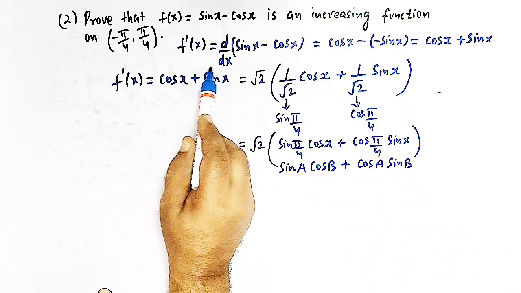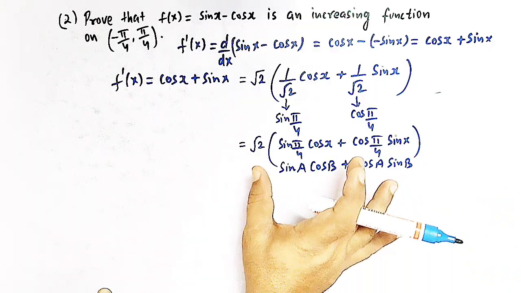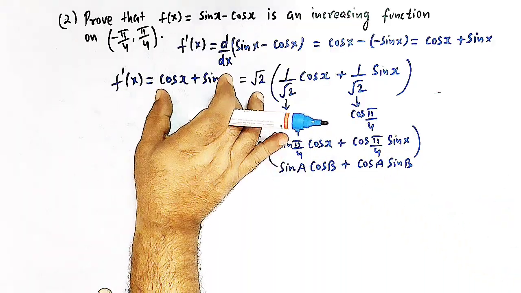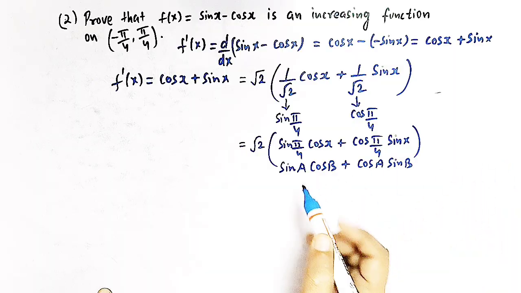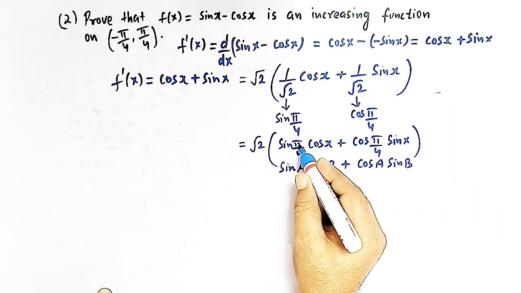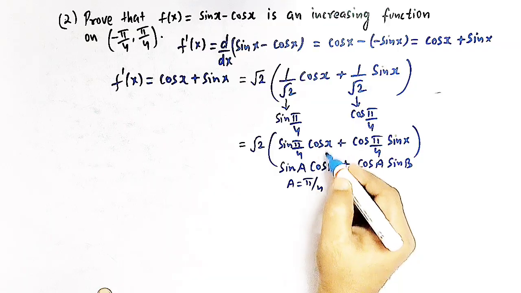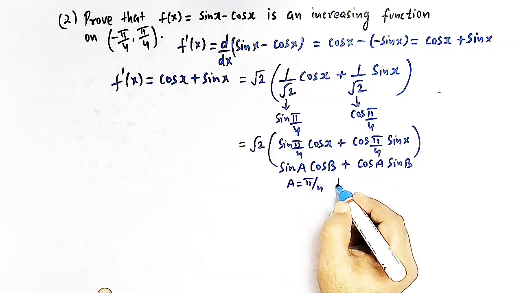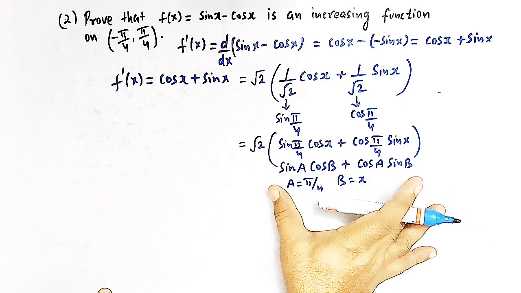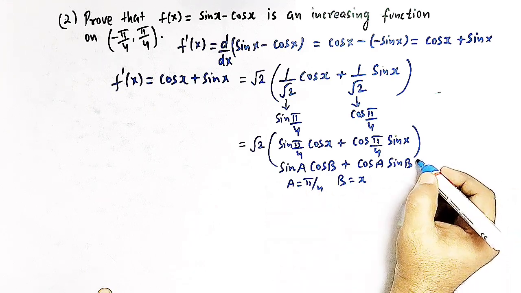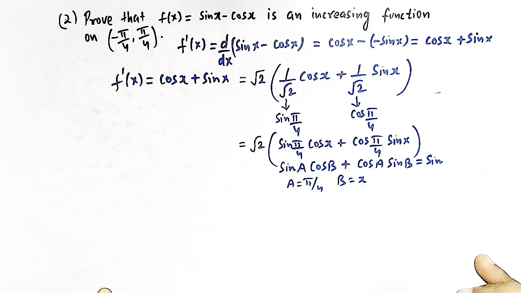So the purpose of writing this expression like this is to convert this expression into a sine function only, right? So here a is pi by 4 if we compare both these expressions, and b is equal to x, right? So now this expression is the sine formula for sum of two angles.